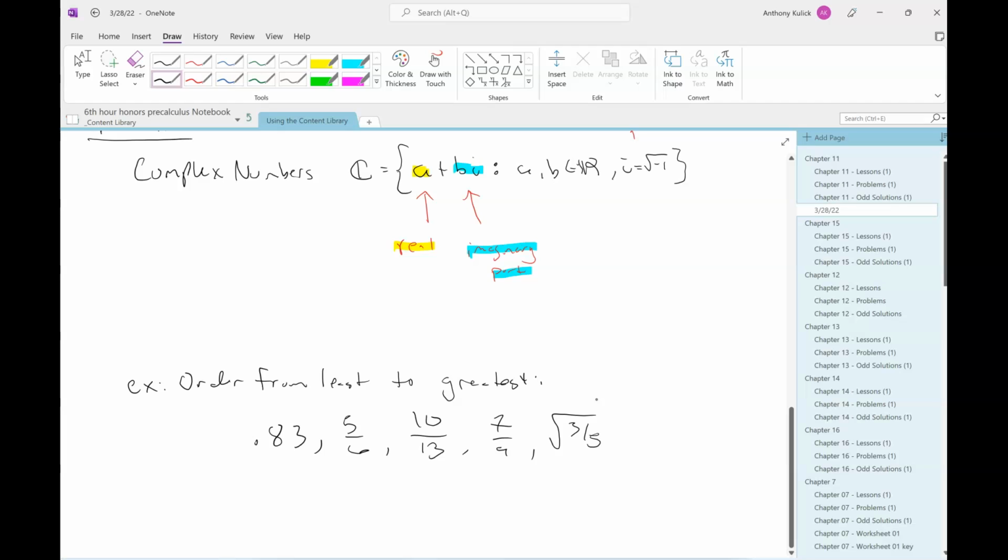How would I do that if I wanted to order these numbers from least to greatest? Well, you squared a small number, it makes it bigger. Like a decimal, something between 0 and 1.